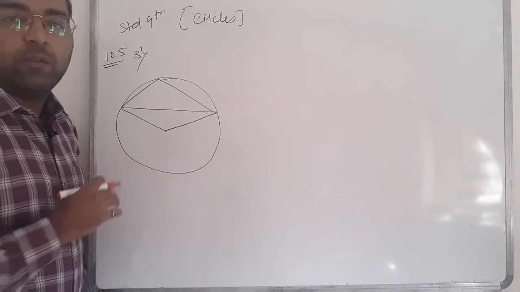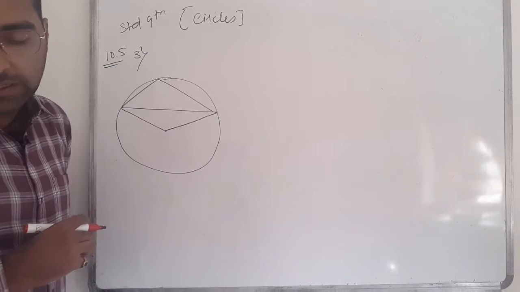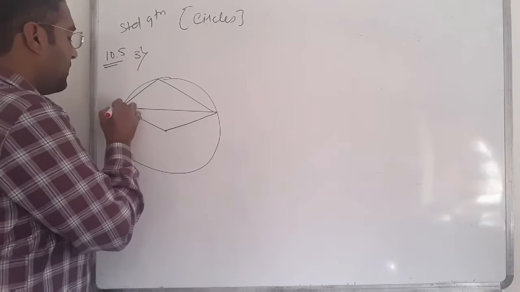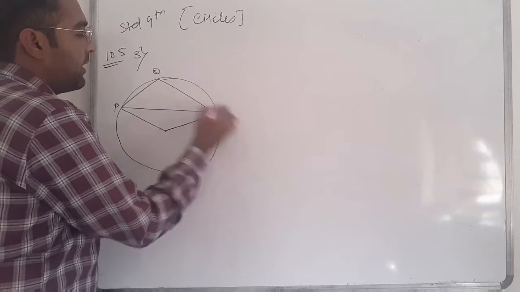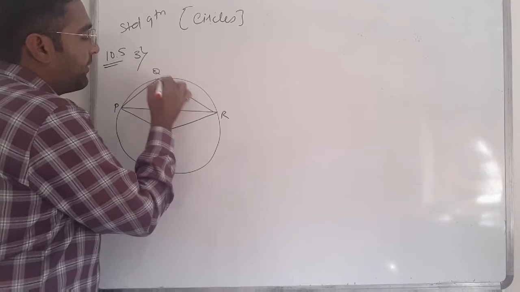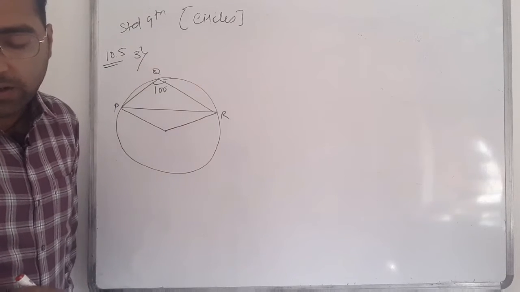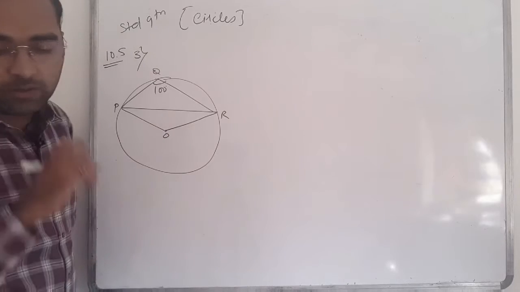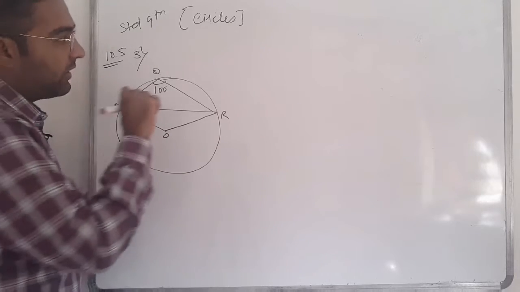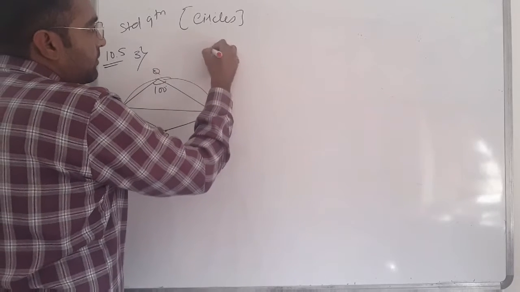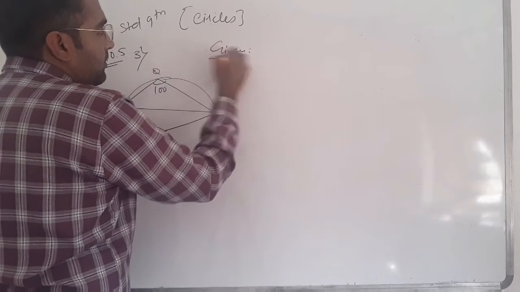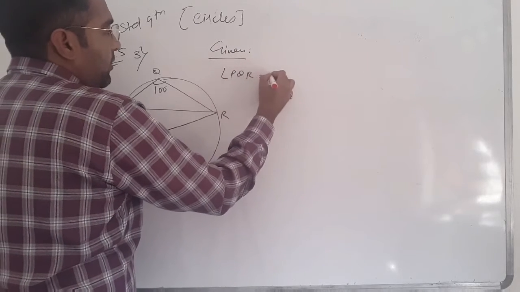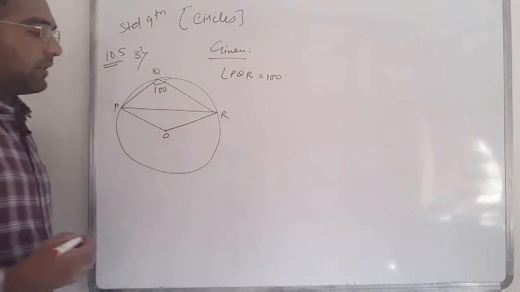This kind of figure is given, that is PQR. Here is P, Q and here is R. Angle PQR is given as 100 degree. Here is the circle with center O. In the given figure, first, angle PQR is equal to 100 degree is given.